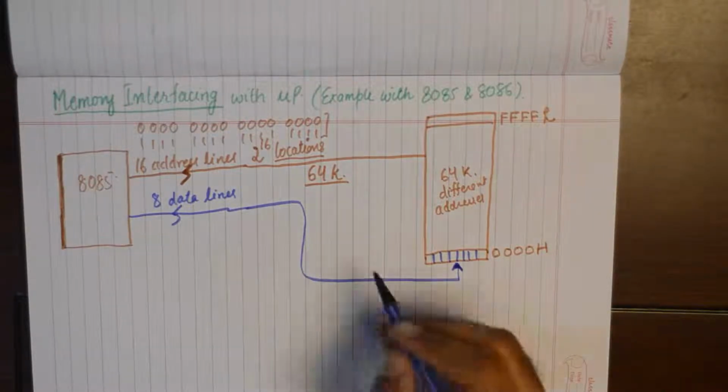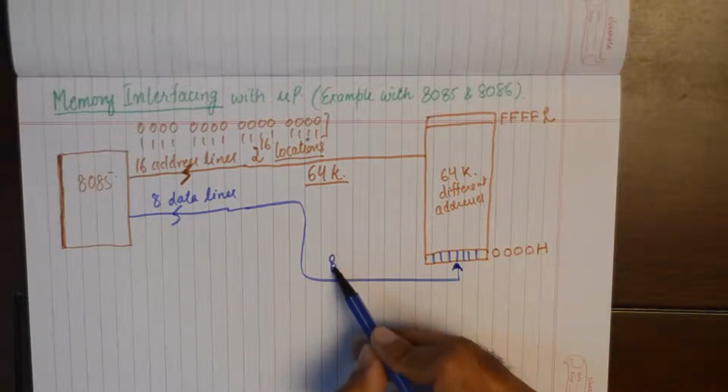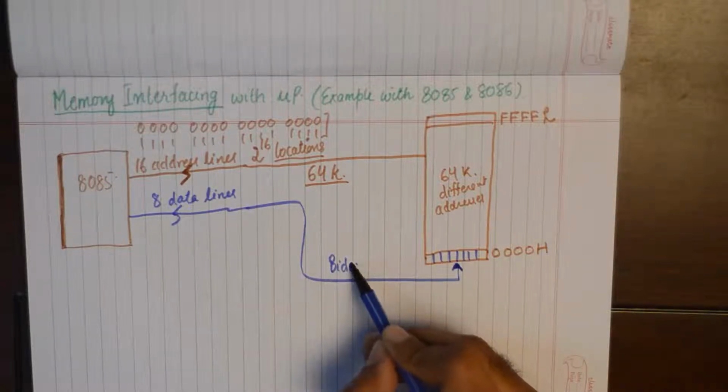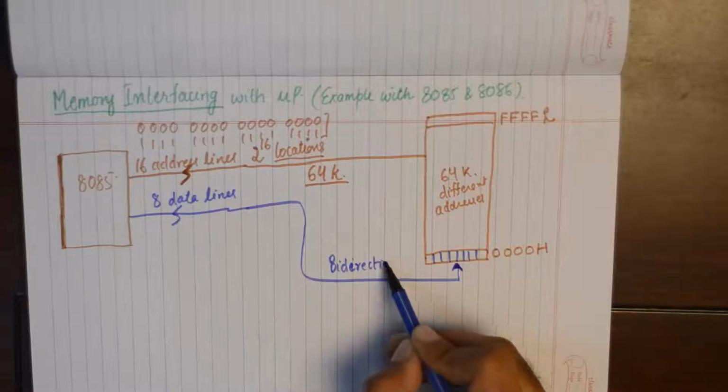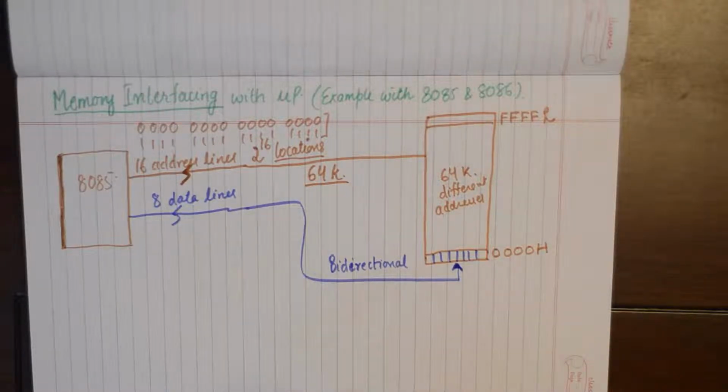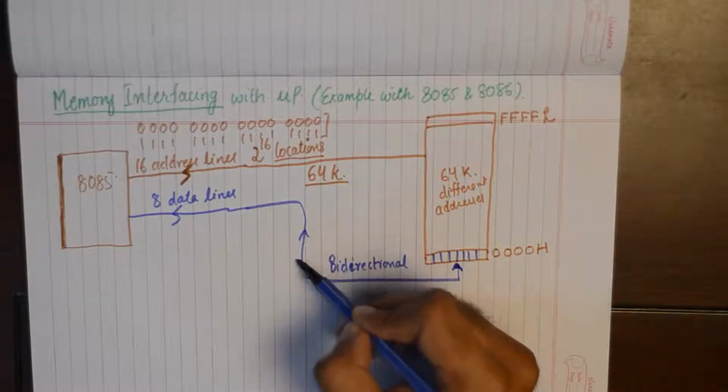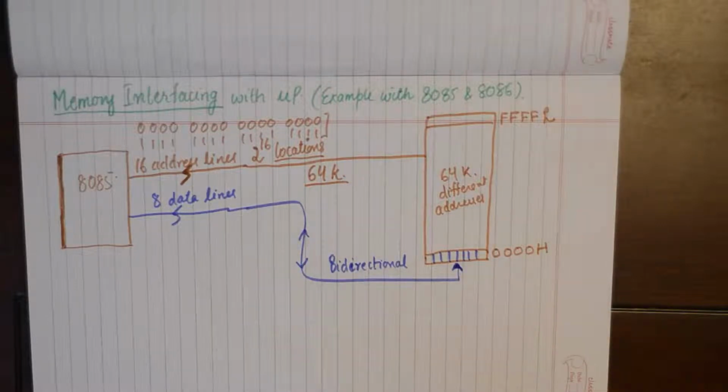The data lines are going to be bidirectional in nature. So data will flow from memory into the microprocessor or from microprocessor into the memory, depending upon whether it's a ROM or a RAM.